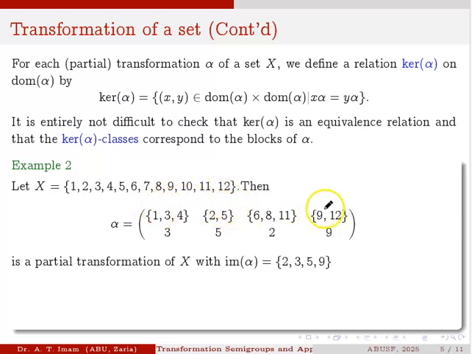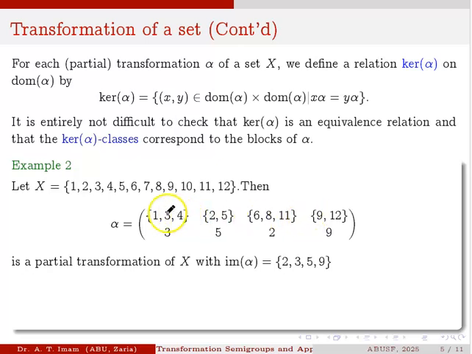So it's a strictly partial transformation. But then we have a block of elements 1, 3, 4 that is mapped to 3, and 2, 5 mapped to 6, 5, and 6, 8, 11 mapping to 2, and 9 and 12 mapping to 9. So this is a partial transformation.